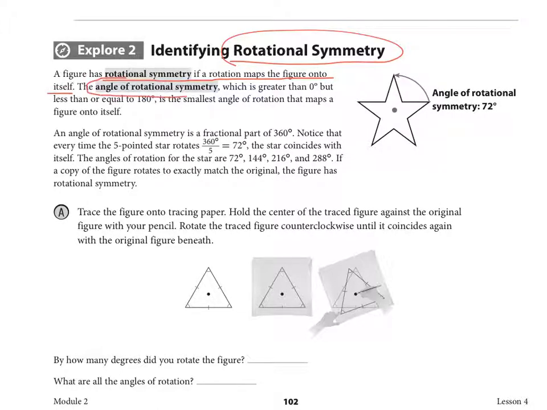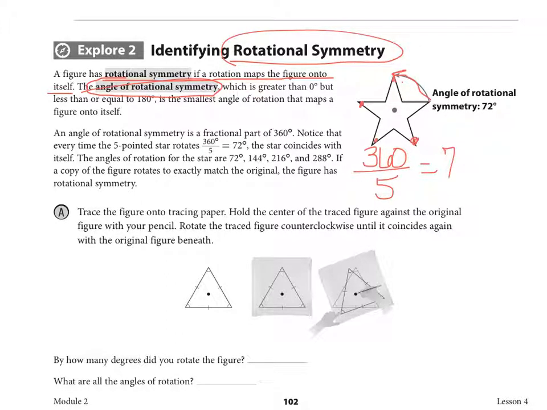And the angle of rotational symmetry is what is important. So if we look here, we can move this here and it maps directly onto itself. And the way we find the angle of rotational symmetry is we take 360 and we divide it by 1, 2, 3, 4, 5. 5 points.